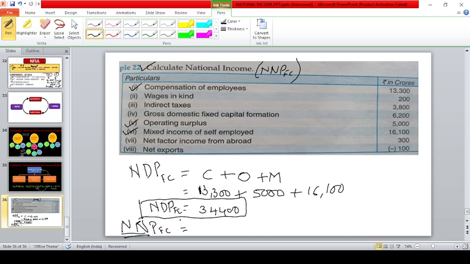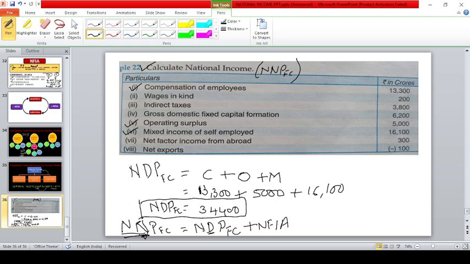So with the help of NDP at factor cost, which we have calculated over here, we are going to calculate national income. N and N is same, so no change will be done over here. Then domestic and national. Whenever you have to calculate national with the help of domestic, we are going to add NFIA. This is what we have studied in our previous lecture.